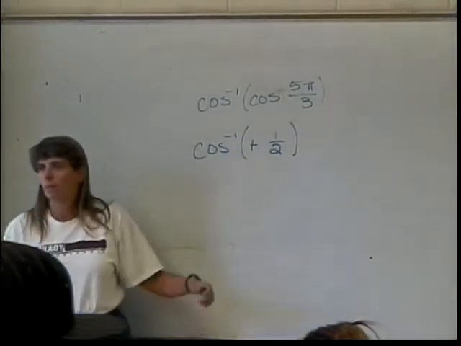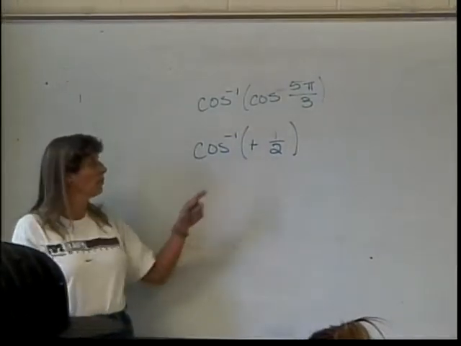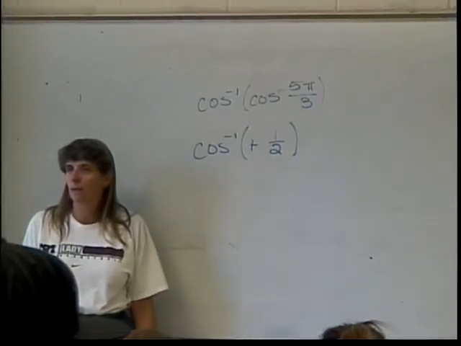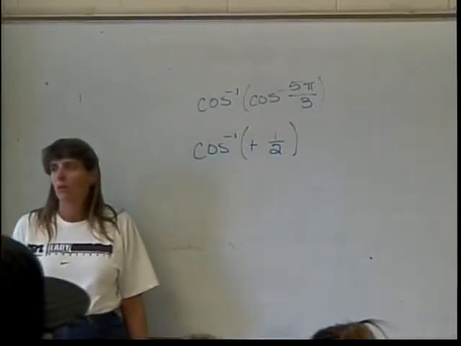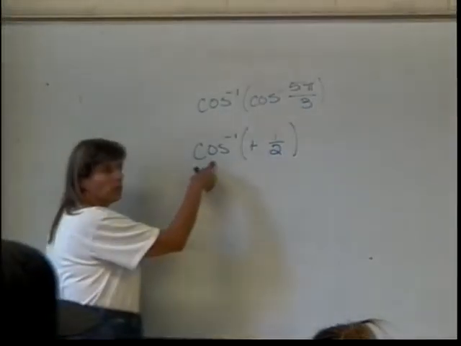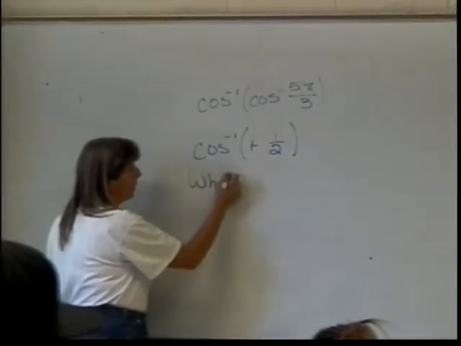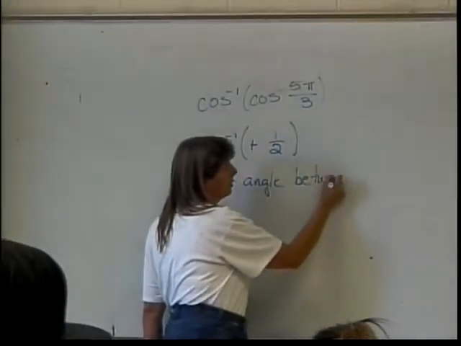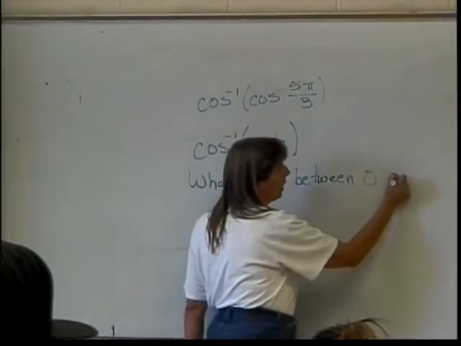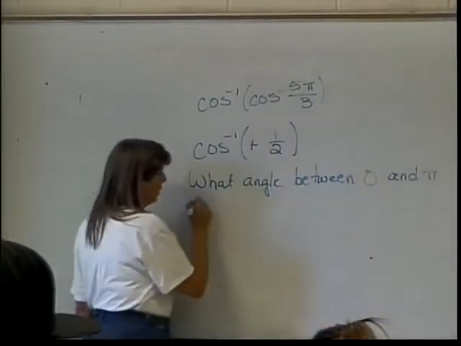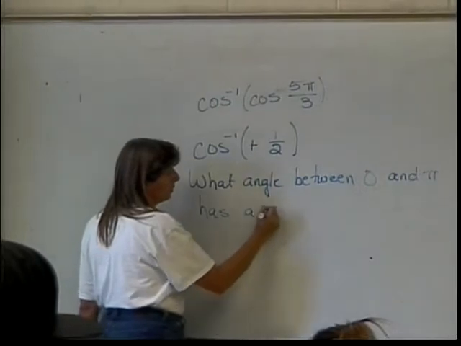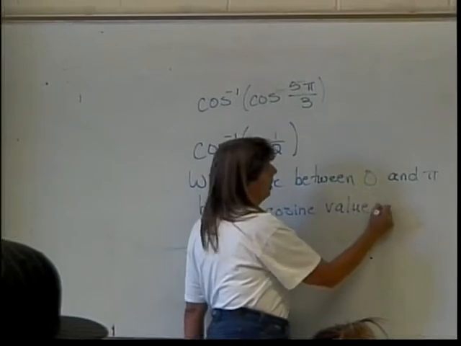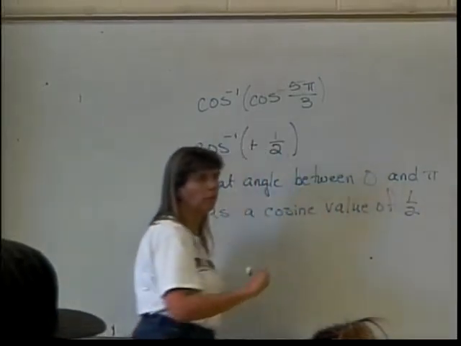All right, so now, when I do my cosine inverse, what quadrants can I possibly come out in? First and second, because remember for my cosine inverse, the question is what angle between 0 and pi has a cosine value of, and in this case, my question is 1/2.